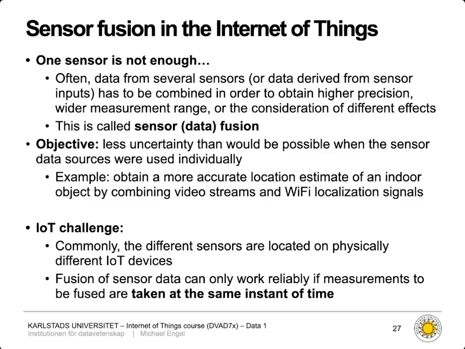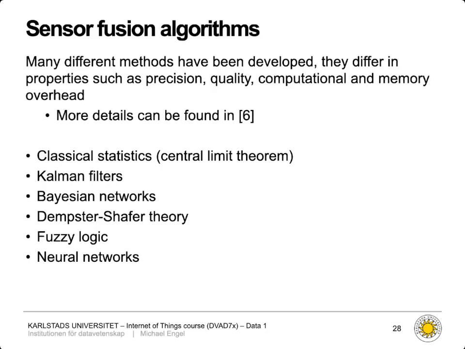If you fuse a signal from sensor A with a signal from sensor B that was taken 5 seconds later, then with a moving object, that object would have moved away from one sensor and maybe in relation to the other sensor. So we get a signal that's not very useful. This same instant of time doesn't sound so critical, but it's actually a relatively complex problem.